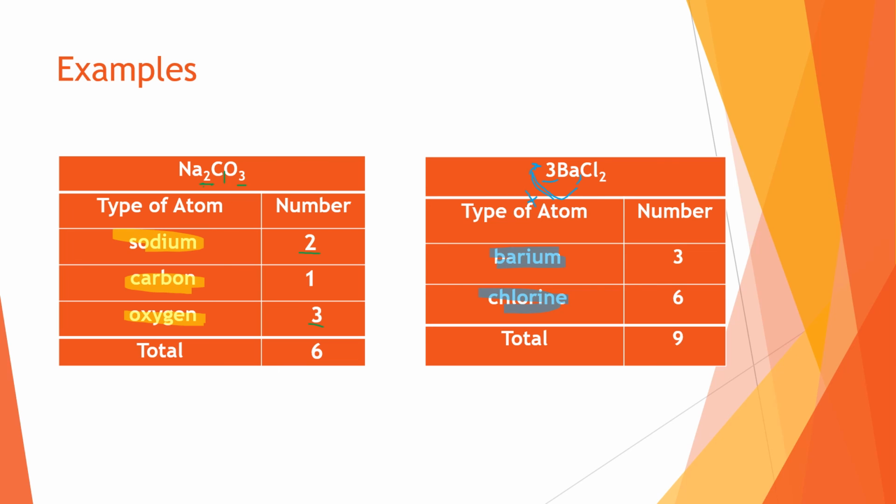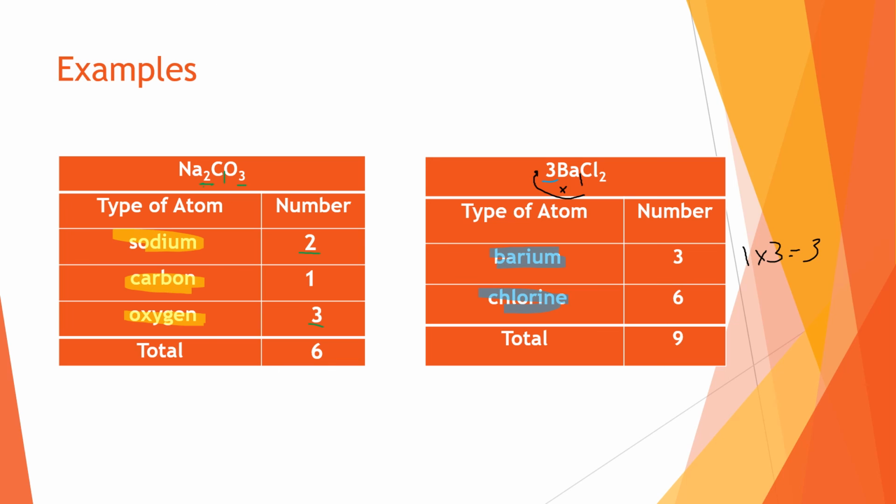I'm actually going to fix that because that is messy. I'm going to use black here to show the 1 barium, and that needs to be multiplied by the 3. So we are really doing 1 times 3 here to get 3.